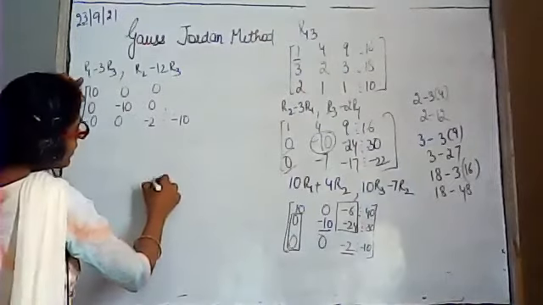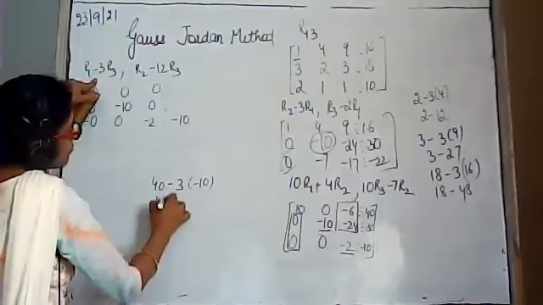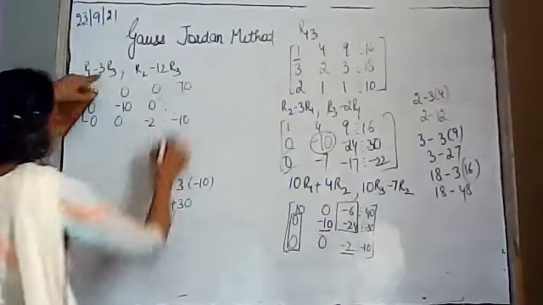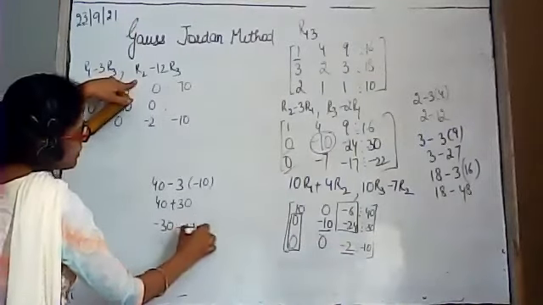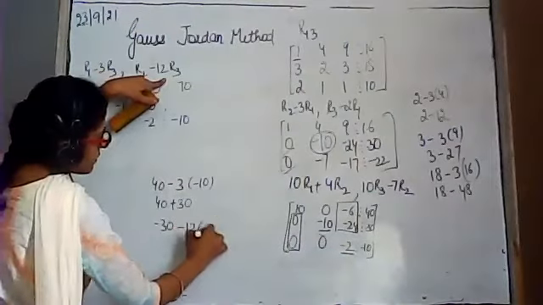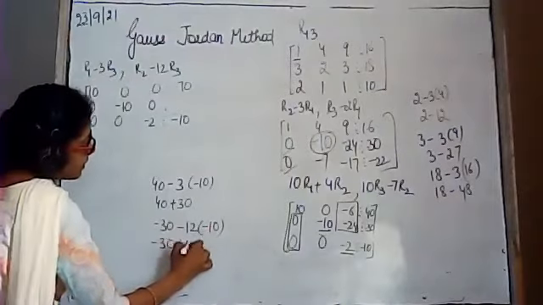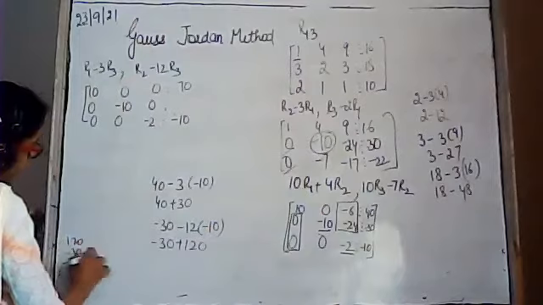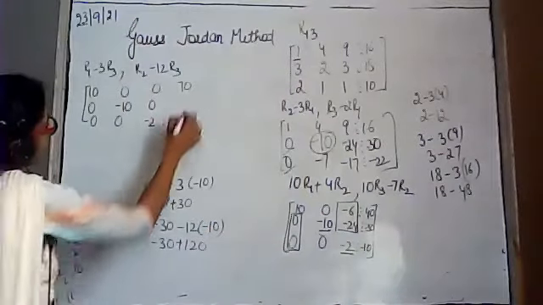We are having R1, that is 40 minus 3 times R3, that is 40 plus 30. This is 70. Similarly, R2, this is minus 30 minus 12 times R3, this is minus 10. Minus 30 plus 120. 120 में से 30 माइनस करोगे 90 आएगा, it will be 90.